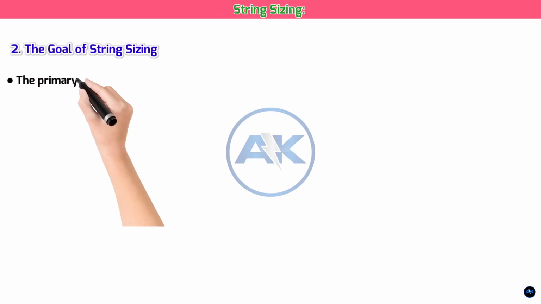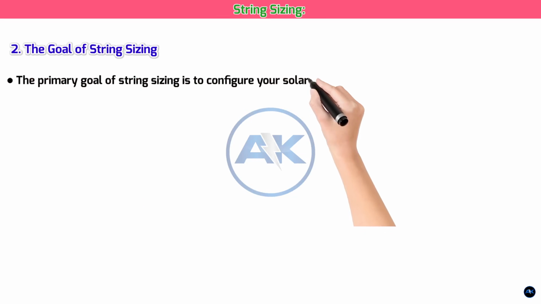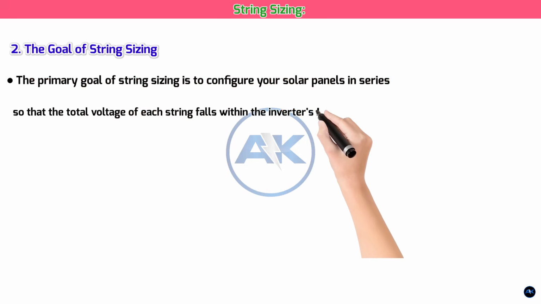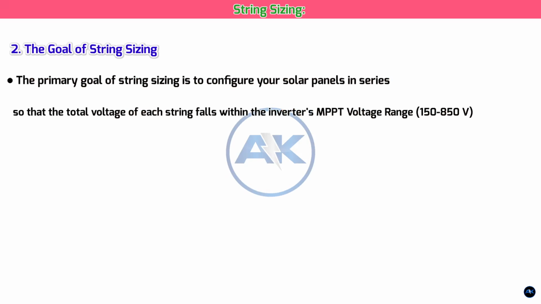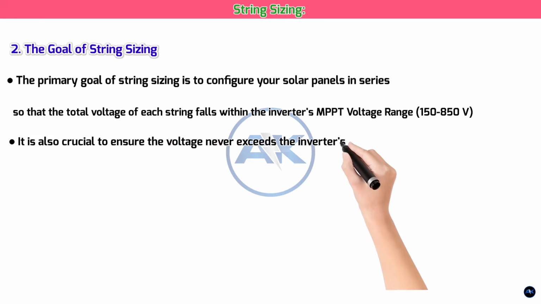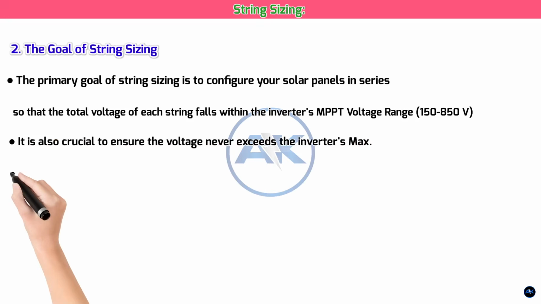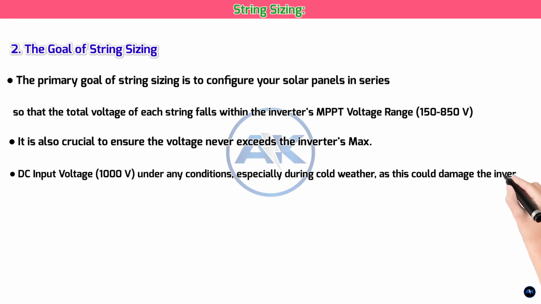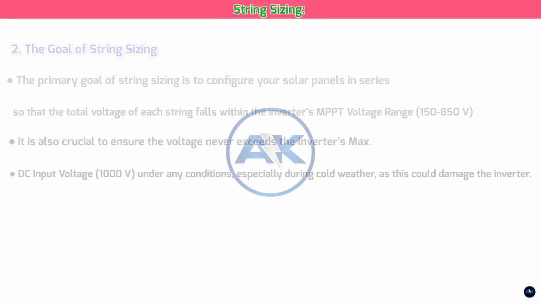2. The goal of string sizing. The primary goal of string sizing is to configure your solar panels in series so that the total voltage of each string falls within the inverter's MPPT voltage range, 150 to 850 volts, for optimal performance. It is also crucial to ensure the voltage never exceeds the inverter's maximum DC input voltage of 1000 volts under any conditions, especially during cold weather, as this could damage the inverter. 3.